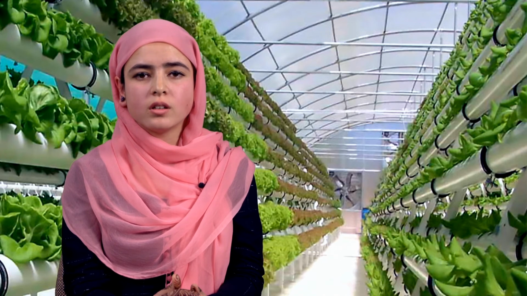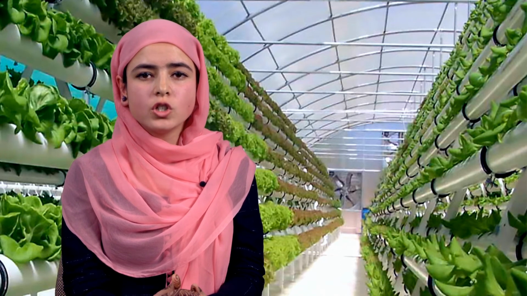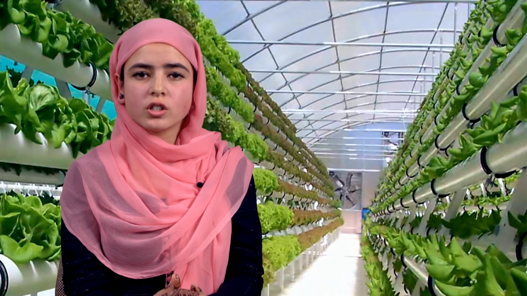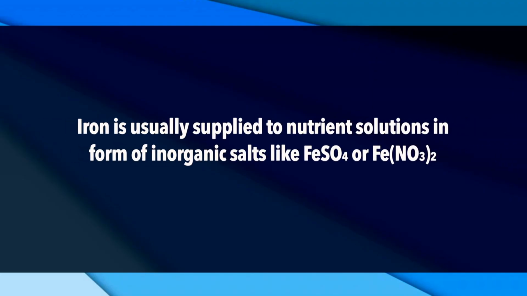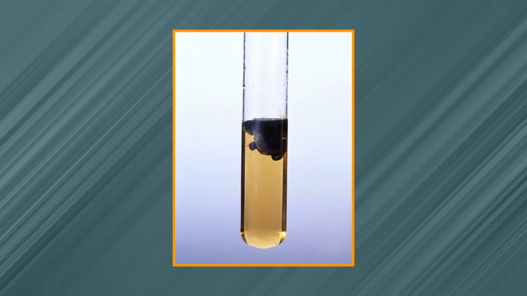In spite of the above described benefits of the nutrient solutions for plants, it is difficult to maintain the availability of iron in sufficient amounts. Iron is usually supplied to nutrient solutions in the form of inorganic salts like FeSO4 or FeNO3. The problem is that iron precipitates in the form of iron hydroxide and hence becomes unavailable to plants.